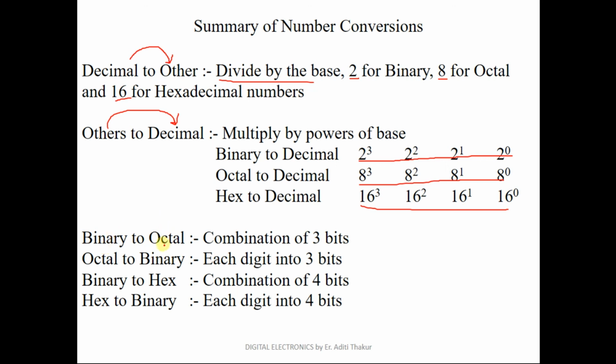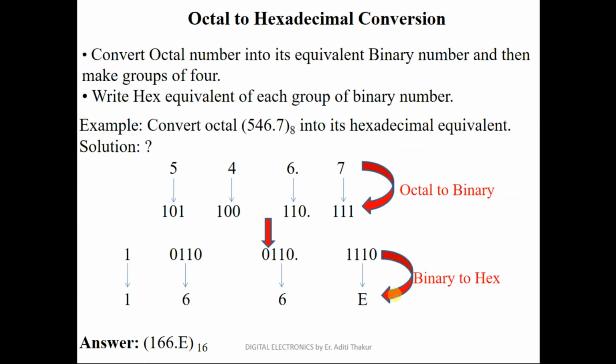Now binary to octal conversion is simply done by combining 3 bits, and octal to binary by representing each digit in 3 bits, and binary to hex by combining 4 bits, and hex to binary by representing each digit in 4 bits. So this is the conclusion of all the conversions we have studied up till now.